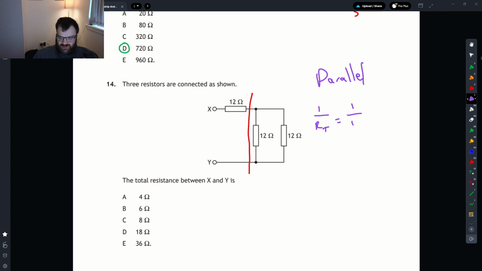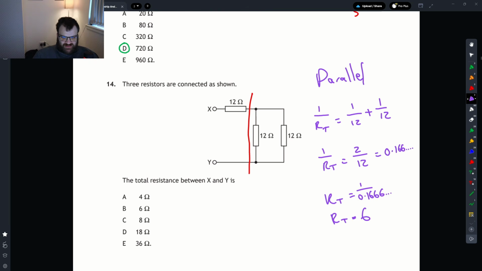So that's going to be 1 over 12, add 1 over 12, so 1 over RT is going to be 2 over 12. Right, 2 over 12 is 0.166 recurring. And then we want to do 1 over that value to work out what RT by itself would be. So RT there will be 6.